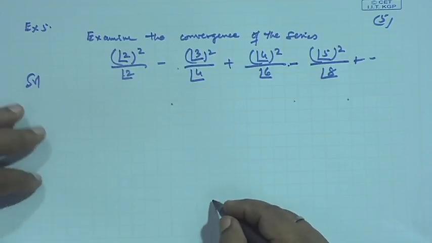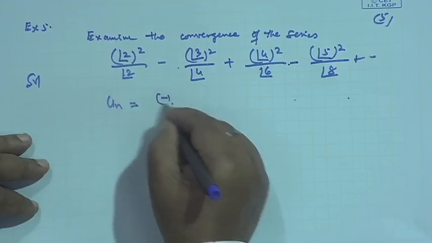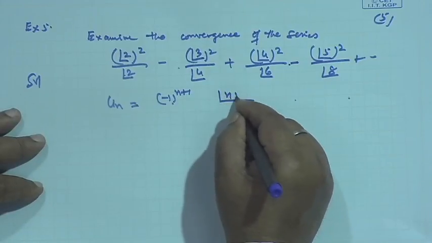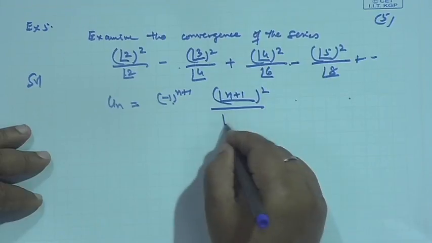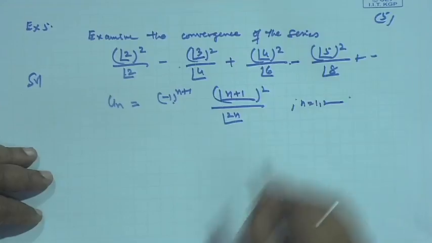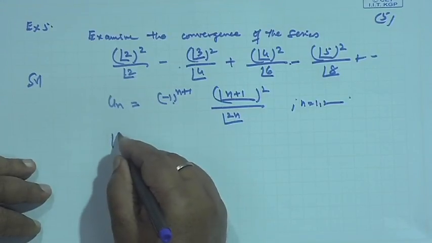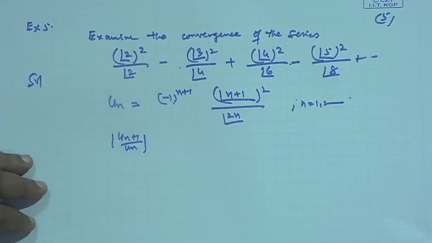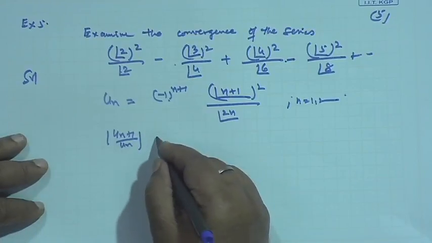So, let us see what is our u_n. The nth term will be minus 1 to the power n plus 1, factorial (n plus 1) whole square divided by factorial 2n. This is our u_n, where n is 1 to infinity. Now, take the mod of u_(n+1) over u_n. Now, this u_n over u_(n+1) is nothing but what?